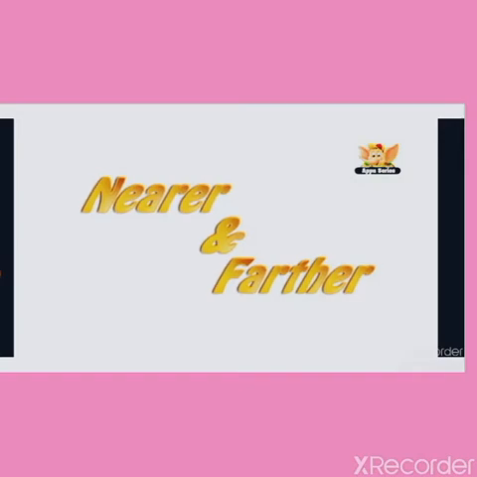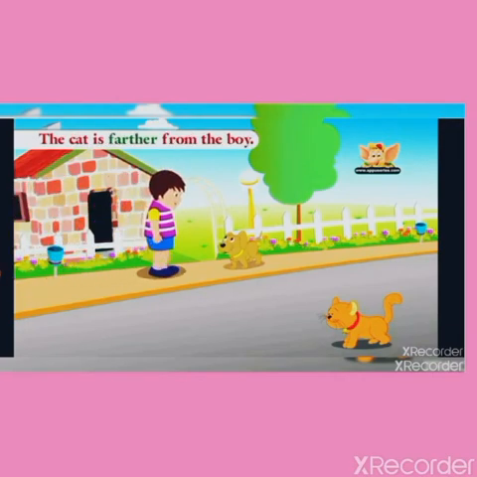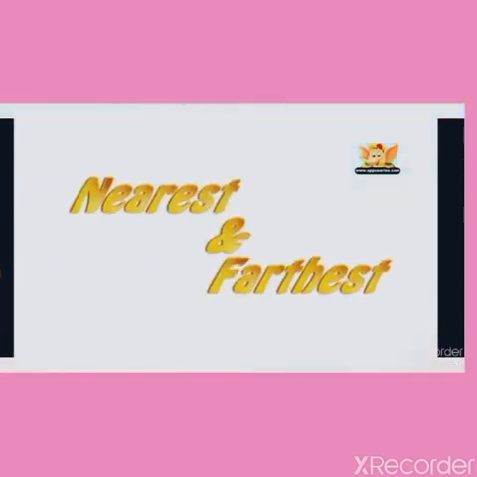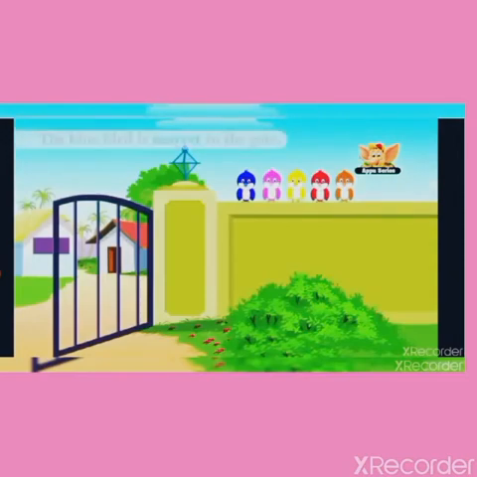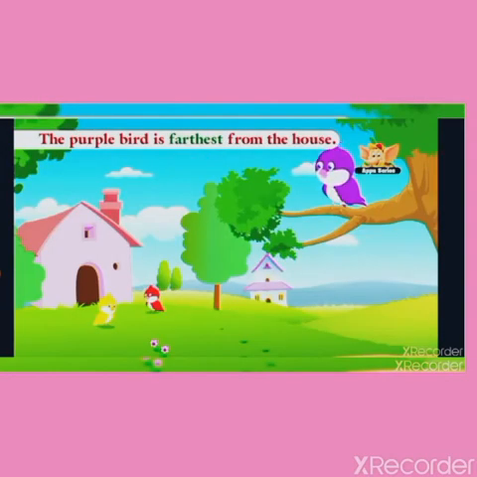Nearer and farther. The dog is nearer to the house. The cat is farther from the boy. Nearest and farthest. The bluebird is nearest to the gate. The purple bird is farthest from the house.